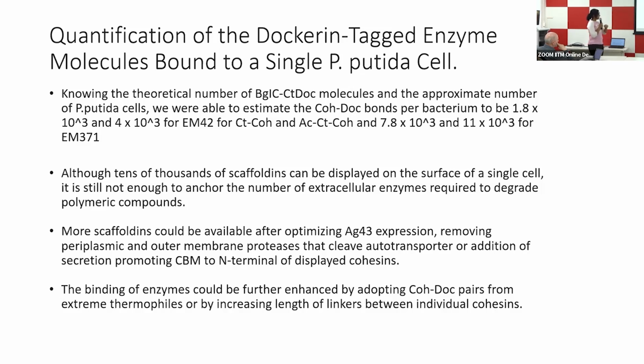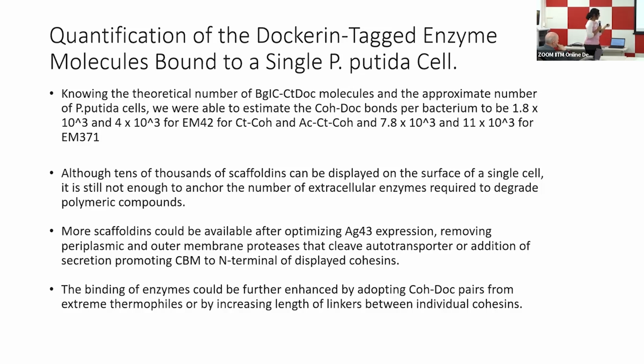Now, we have to bind multiple extracellular enzymes to our bacterial surface to degrade the polymers we require. Although we can display tens of thousands of scaffoldings, it's still not enough to anchor all the extracellular enzymes we require. The secretion pathway we have taken, although AG43 is the best, has not been optimized.